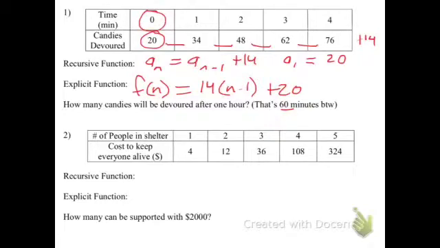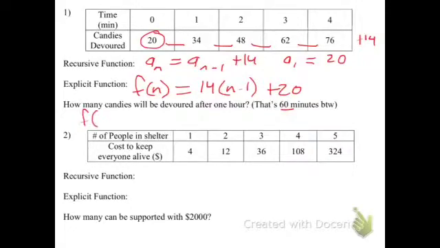Since the time actually starts at 0 and then goes 1, 2, 3, everything's shifted to the right one. So if we want the number of candies at 60 minutes, we need to plug in 61, because we didn't start counting at 1, we started counting at 0.